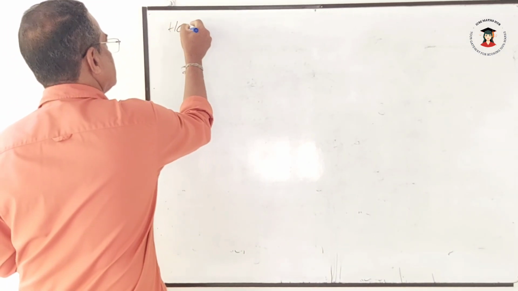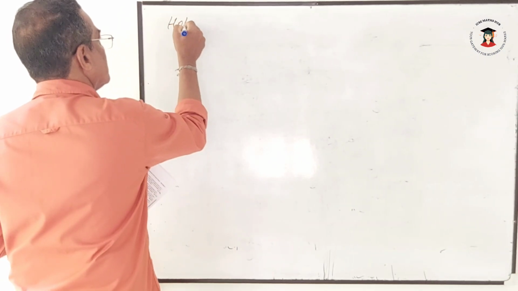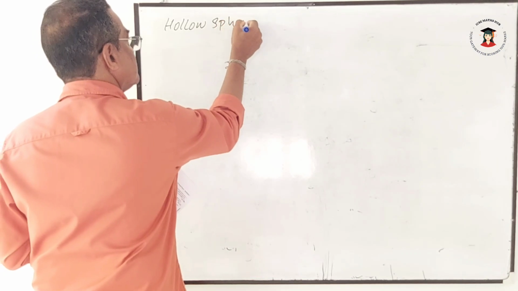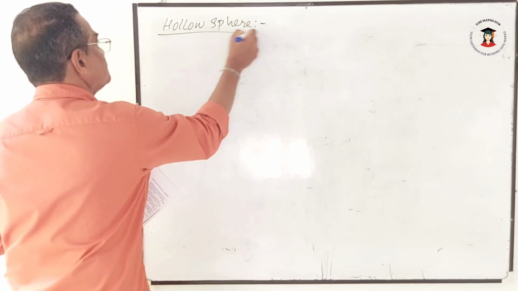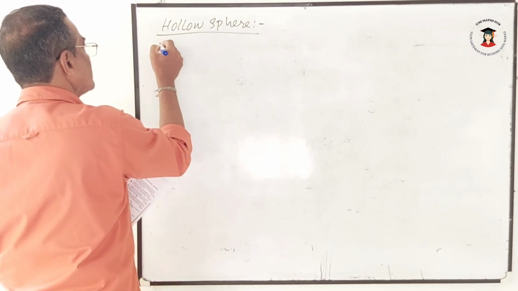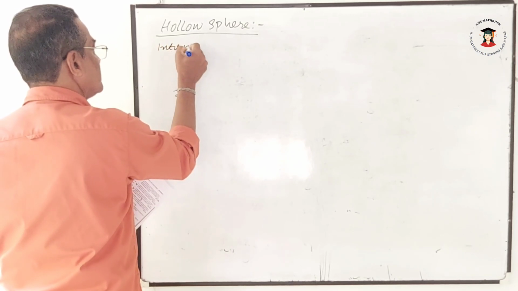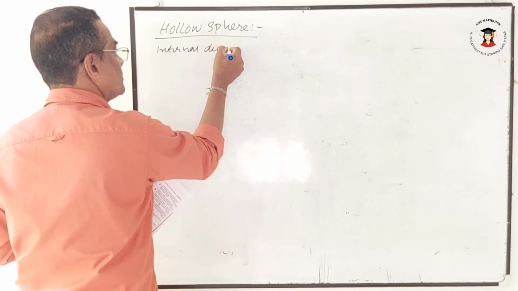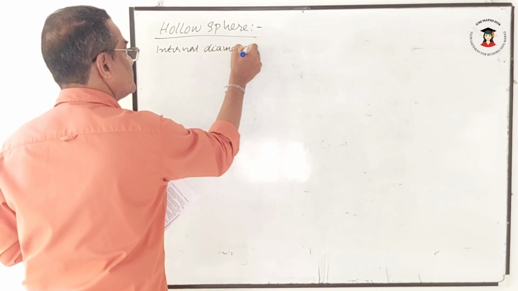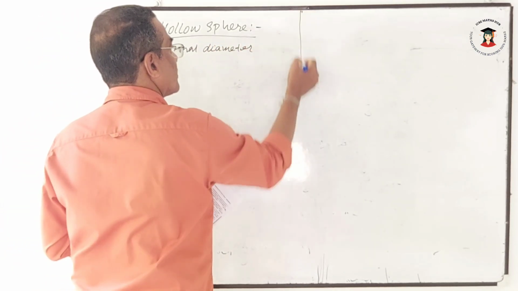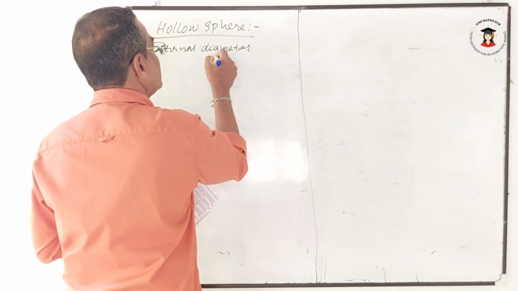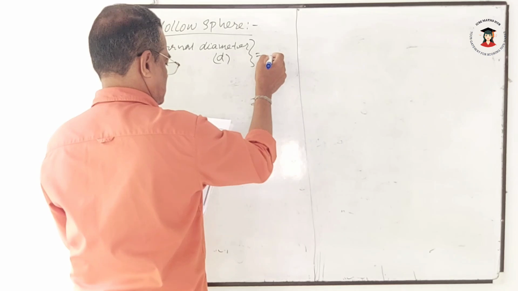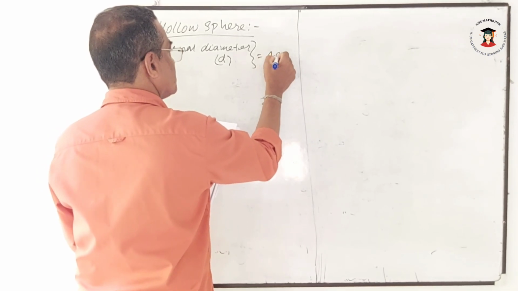Hollow sphere: internal diameter, let it be small d, is given as 4 cm.